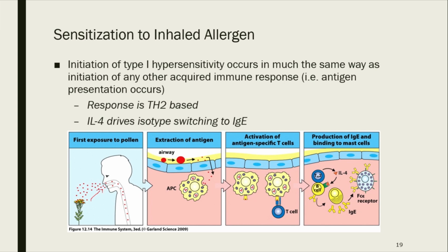In a way, this sensitization is very similar to thinking of a bacteria going into your airway. These antigens actually roll along the epithelial cells of your airway, in the same way that bacteria kind of roll, right?